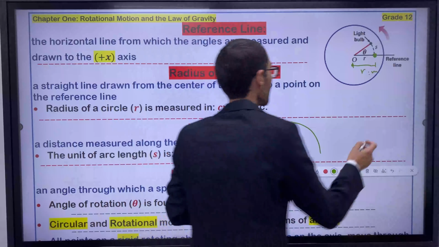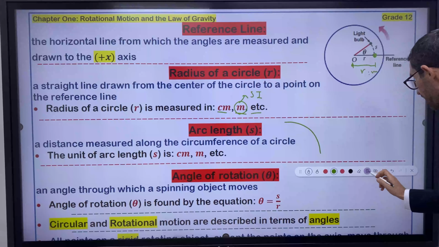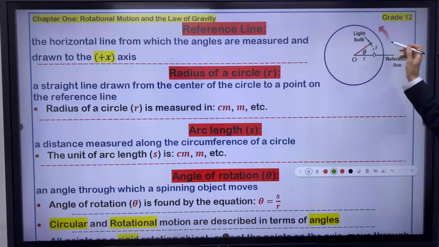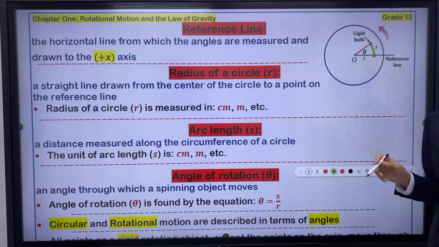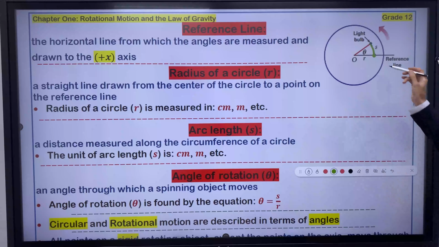Let me show it to you. So this is arc length, right? This is our object, for example. This is a rotating object, or let's say a spinning object.